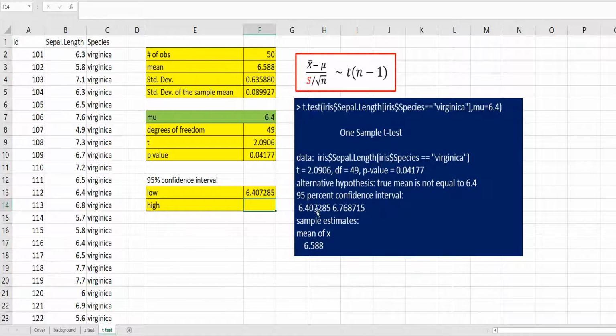Right. This is the same as this one. So we can use this formula for the upper level, changing minus to plus. Right.